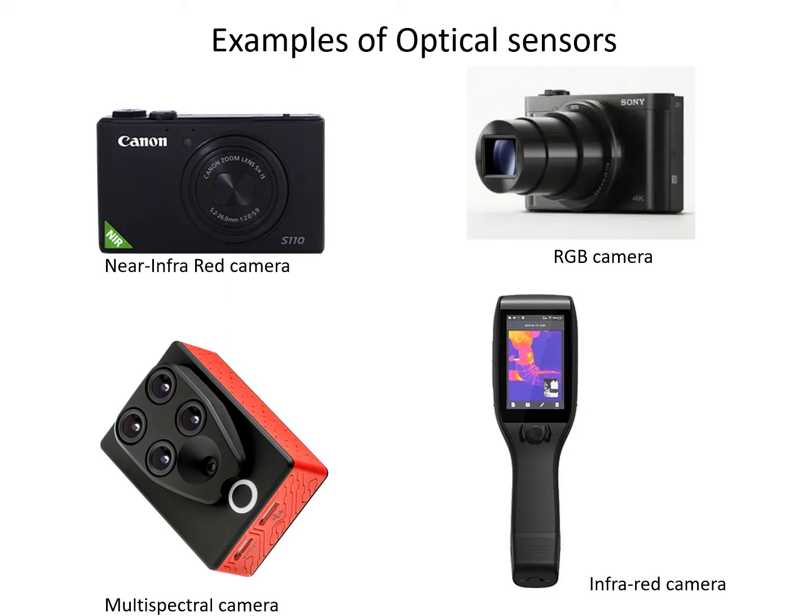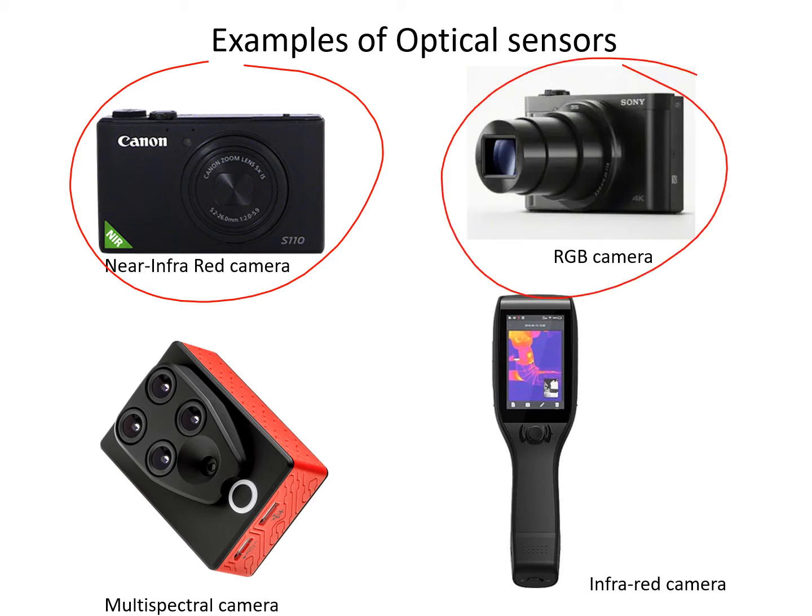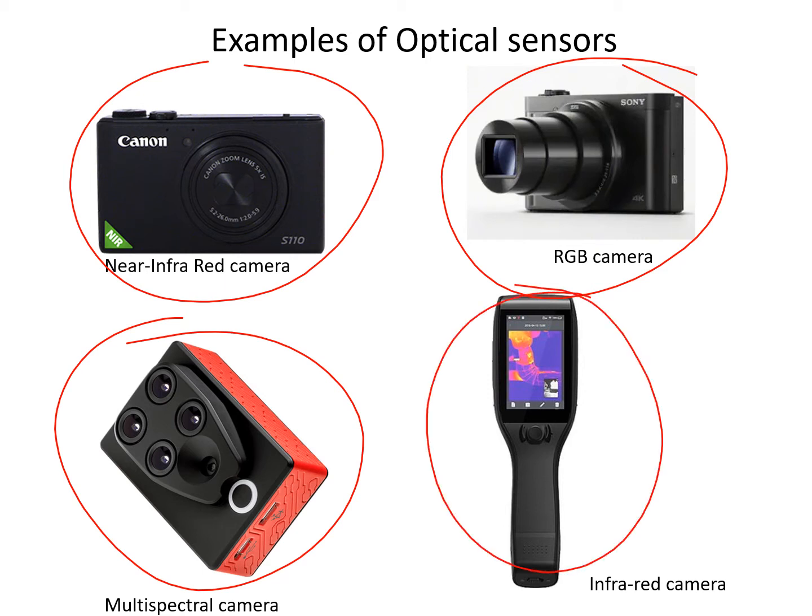Here I've put a few of the optical sensors, and mainly these are cameras. So we have the near infrared camera, we have the red, green, blue camera, the two-color camera. But here is a multispectrum camera. It's called a multispec camera, meaning that it can sense more than 3 light bands. And here is the infrared camera as well.